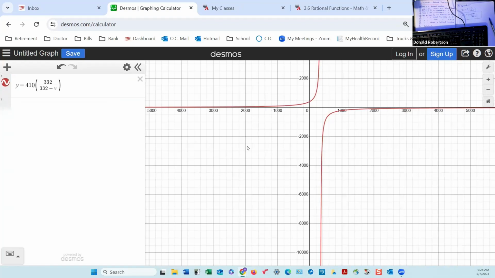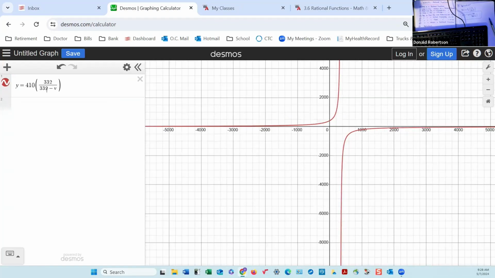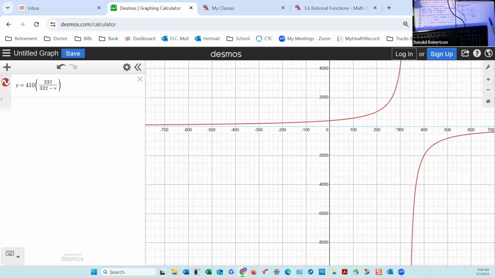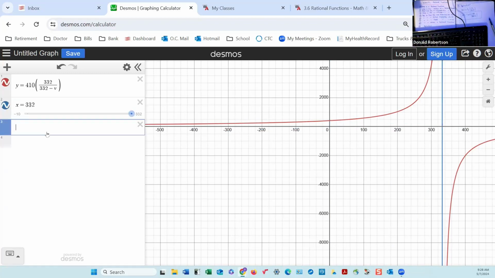That's a very weird shape. Obviously at 332, there's a problem, which I can now zoom in. And if I put the line x equals 332, we can see it.